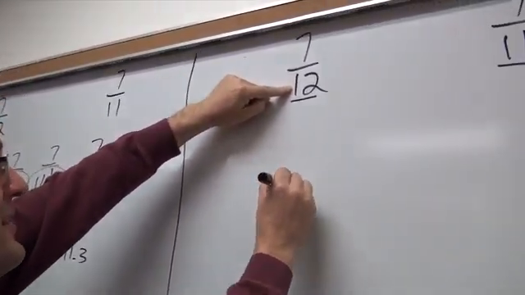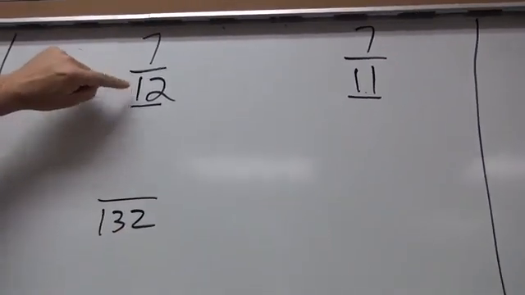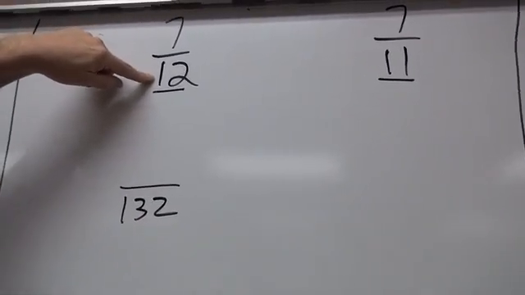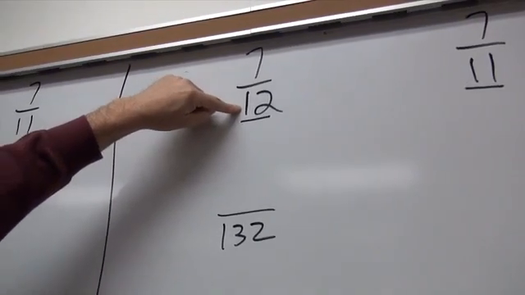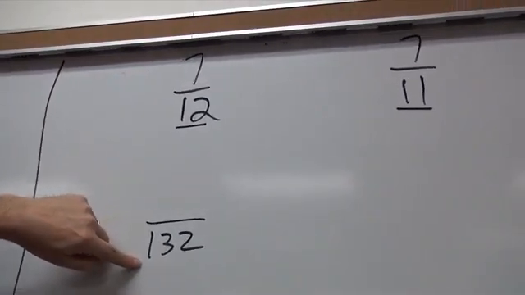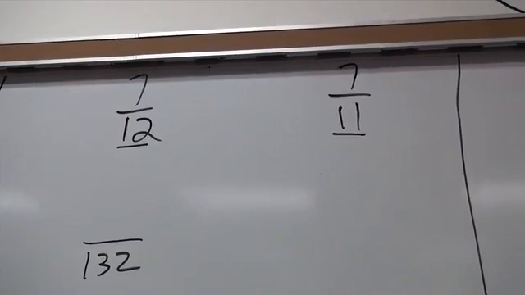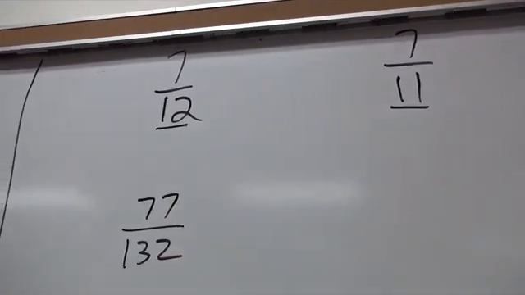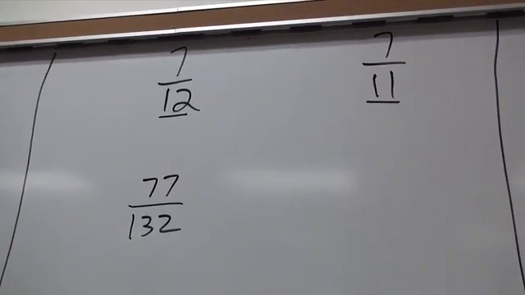So 12 times 11, I believe, is 132. So if you took each of those 1/12ths and cut them into 11 pieces each, you'd have 11 copies of those 1/12ths, so we'd have 132nds. And then we have to do the same thing to the numerator, cut them into 11 pieces each. 7 copies of them would give me 77 132nds.